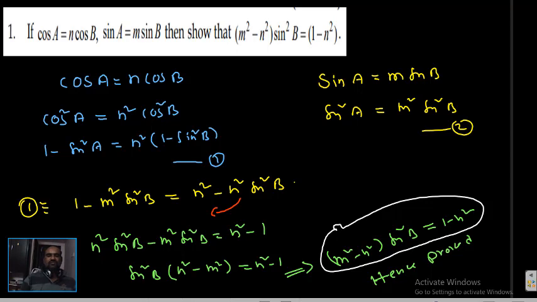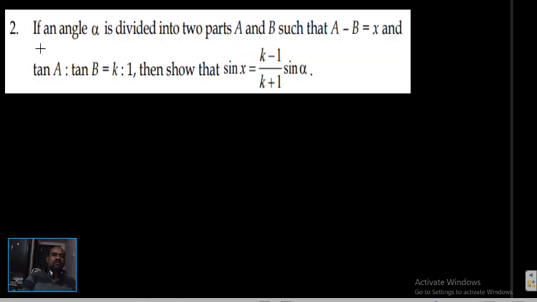Our next problem: an angle alpha is divided into two parts A and B. Alpha is divided into two parts A and B, what is the meaning of that? A plus B equal to alpha, that is the first thing, such that A minus B equal to x.